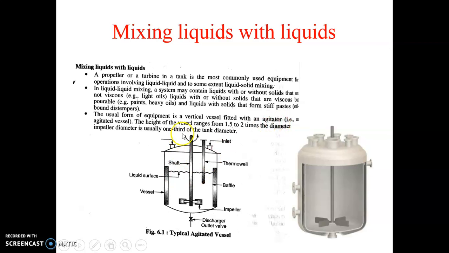That means the agitator is placed in this vessel, and the height of the vessel is 1.5 to 2 times the diameter of the impeller. This is called the impeller or agitator.